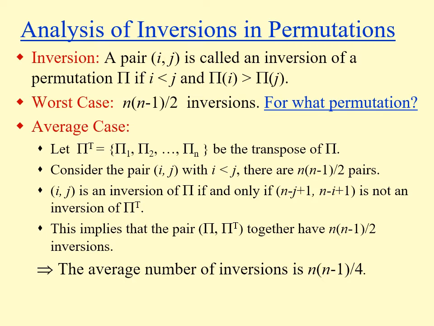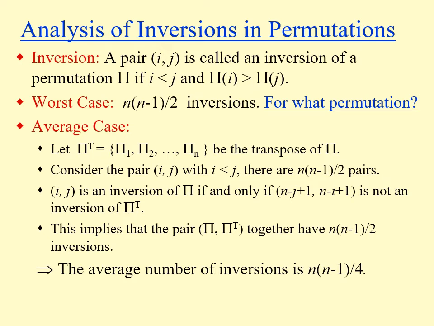This implies that the pair pi and pi transpose together have in total n(n minus 1)/2 inversions, because that's the total number of pairs that's possible. We choose two different numbers, i and j must be different, right? This is based on the second claim.